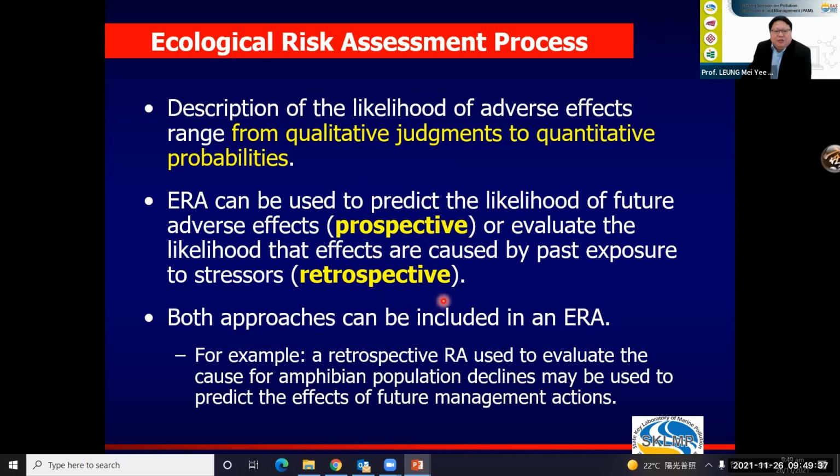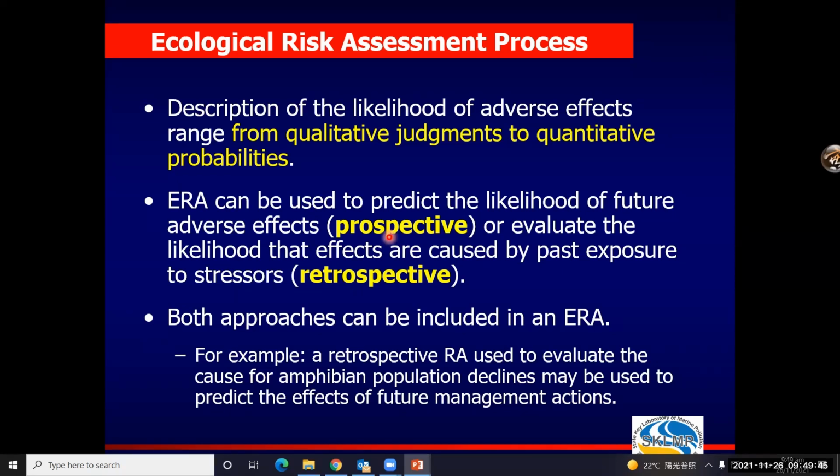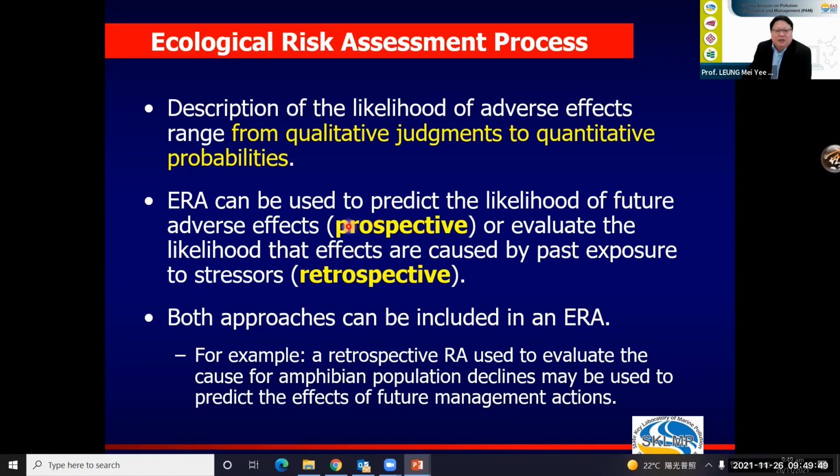We also have the situation that for legacy chemical pollution, we do the retrospective risk assessment. That means the chemical stresses or other stresses already existing in the ecosystem. Then we look backward.